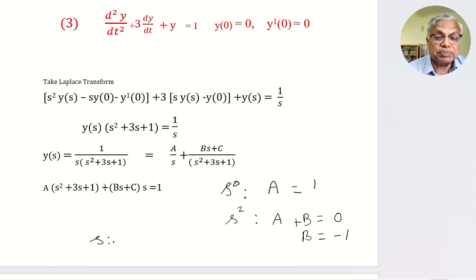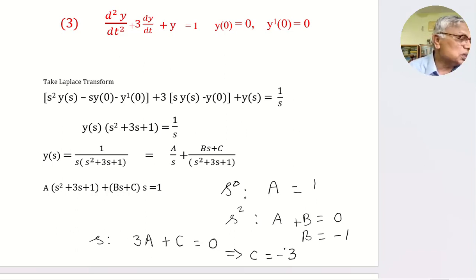On the right hand side there is no s term, so 3a plus c equals 0. A is already 1, so c is minus 3. So a is 1, b is minus 1, and c is minus 3.